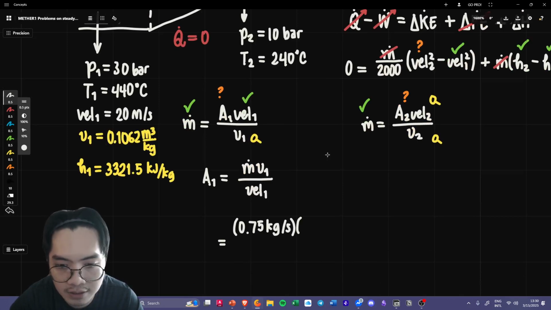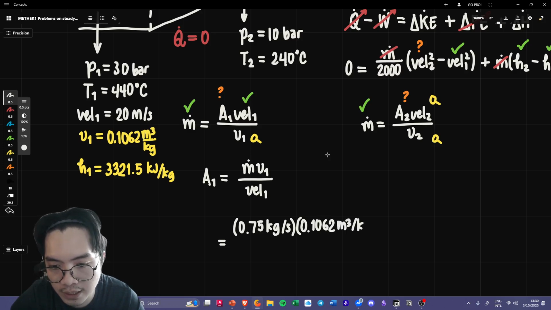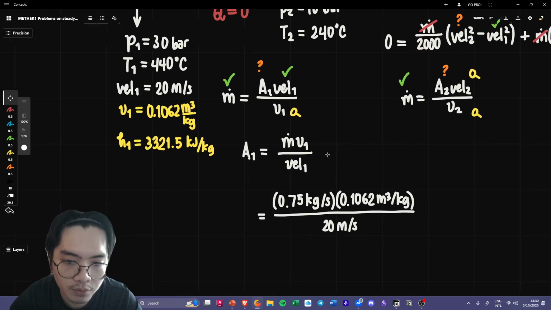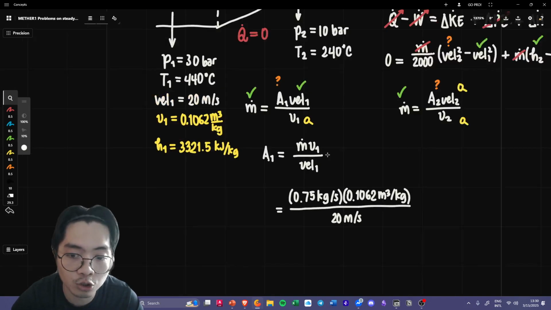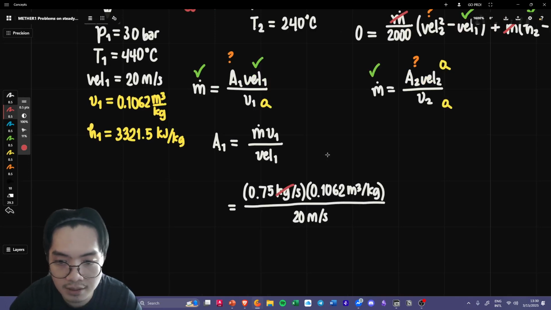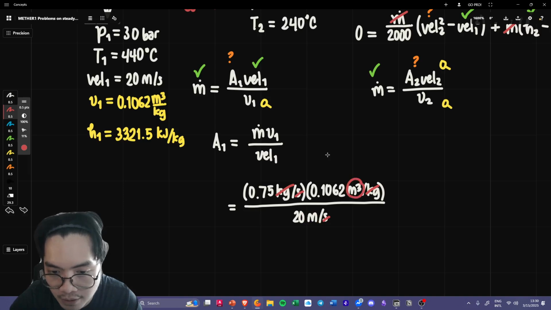Your V1 is 0.1062 meter cube per kilogram all over your VEL1, which is going to be 20 meters per second. We've done this before, right? And the unit should be in meters squared. Cancel, cancel. You will have meter cube per meter, or cancel, cancel, you will have meter squared, right?